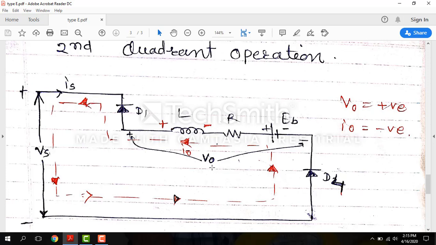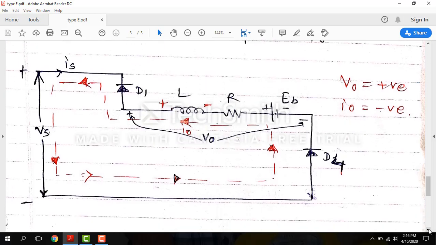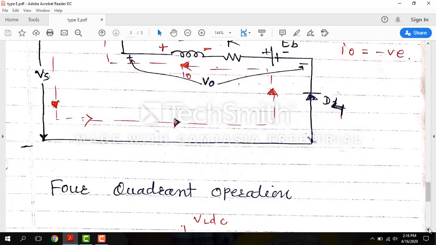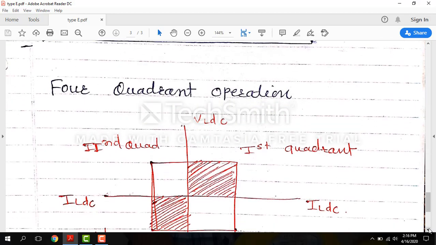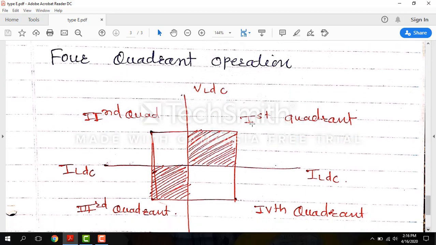Now we see the quadrant operation. You know that the class E chopper works in the first, second, third and fourth quadrants. Here you can see the four quadrant operation diagram, with first, second, third and fourth quadrants. In the first quadrant, output voltage and output current both are positive.